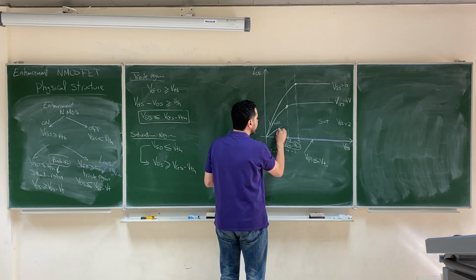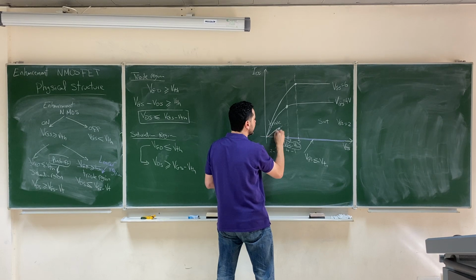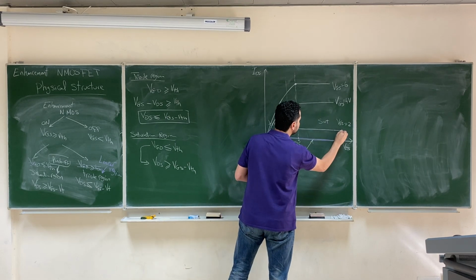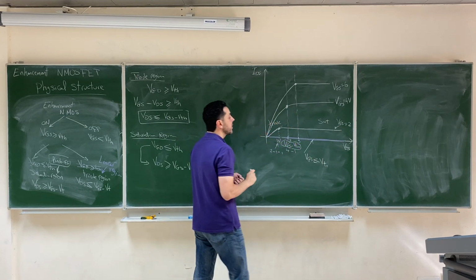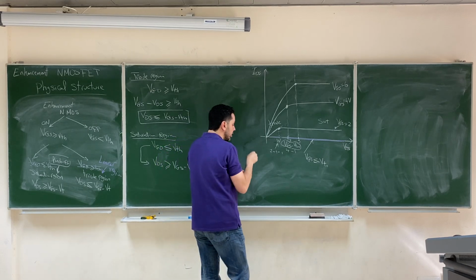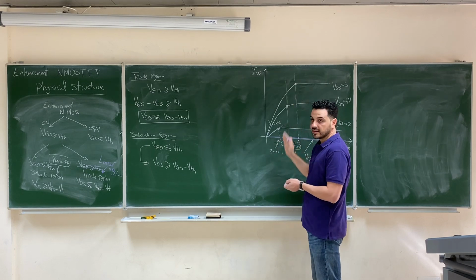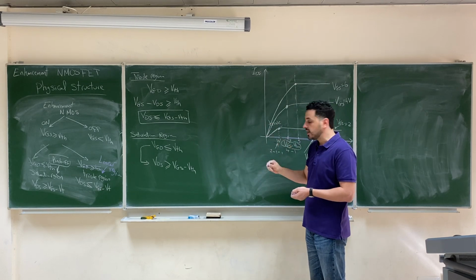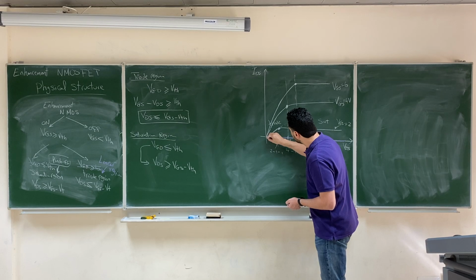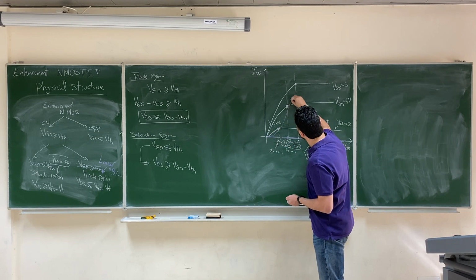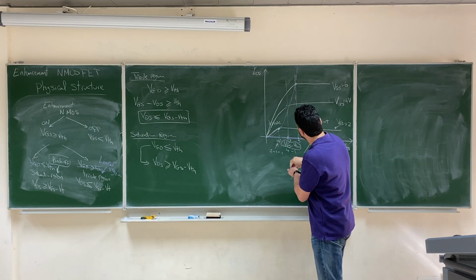Once we reach here, we will enter the saturation region and the current is going to saturate, like this. And hence the border between the triode region and the saturation region is not a vertical border. Actually, there is a border that looks like this. So the border is itself a curve.